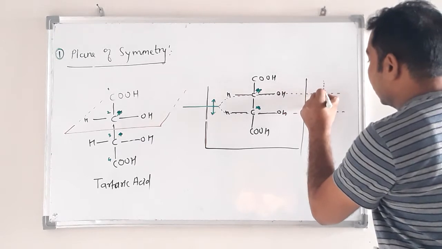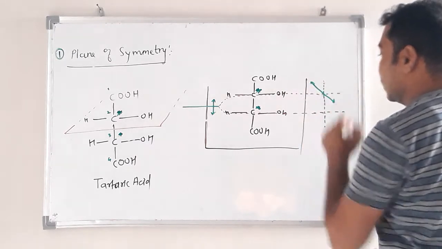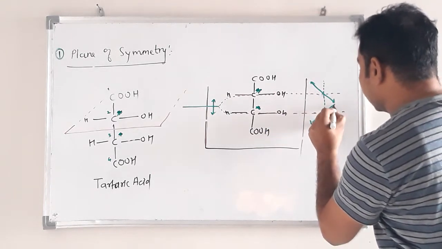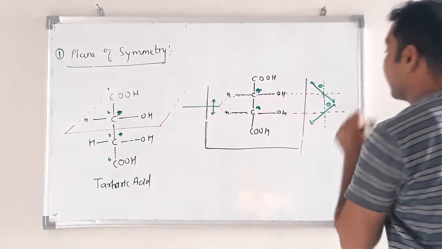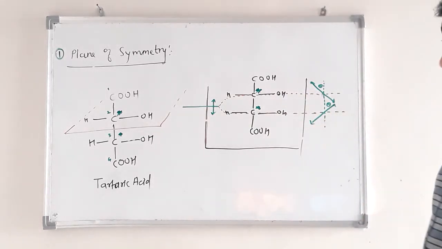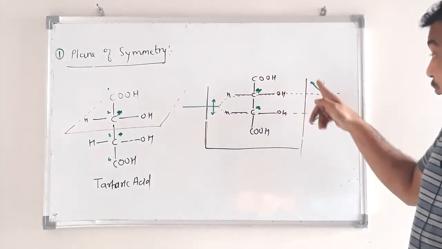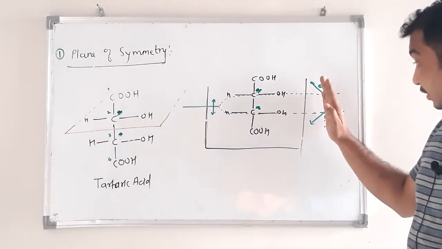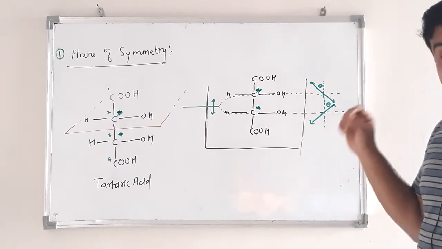meaning this is the original one, like this, and the lower part rotates toward the left side through an equal angle theta, any angle but equal, with opposite direction. Upper part rotates toward the right side through angle theta, lower part rotates the plane of PPL toward the left side through the same angle.